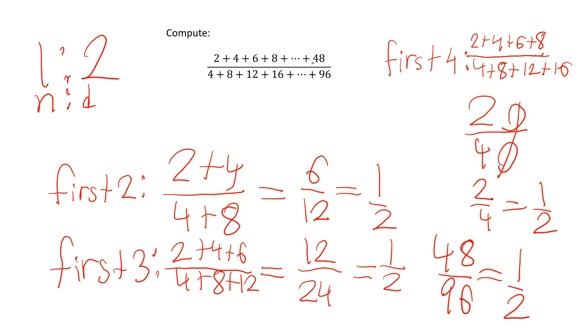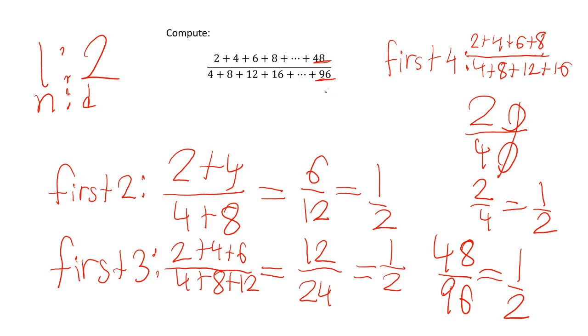Over here we have 48. 48 is a multiple of 2. It's the 24th multiple of 2. Now we check out 96. 96 is also the 24th multiple of 4. Now what happens when you have the nth multiple of 2 over the nth multiple of 4? You get 1/2, no matter what value it is.